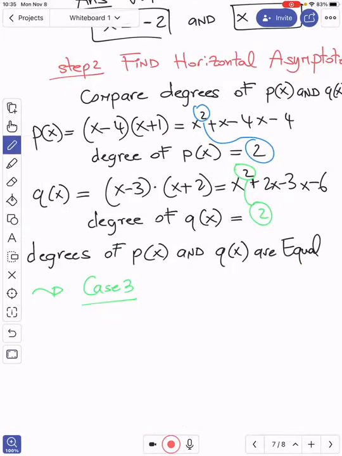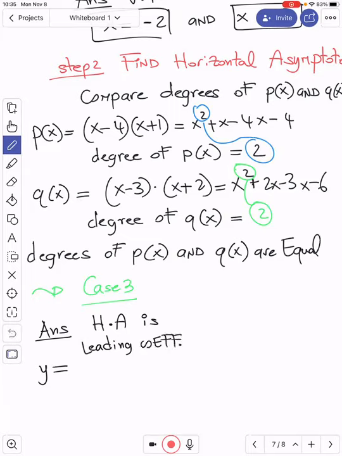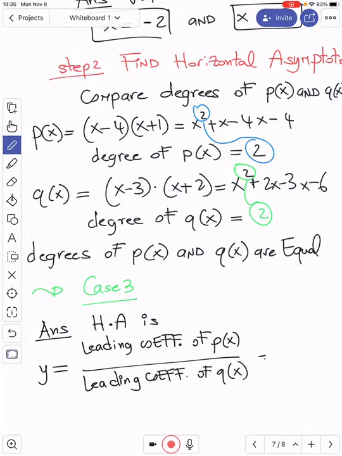Right, so then the answer: the horizontal asymptote is y equal to the leading coefficient of P over the leading coefficient of Q. Now, what's the leading coefficient of P and Q?